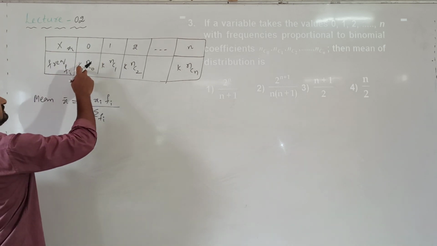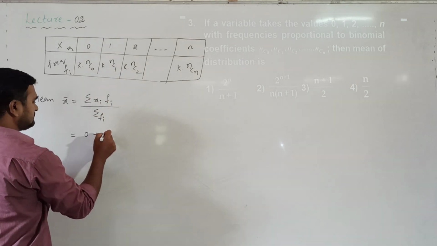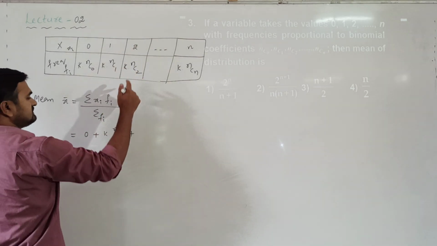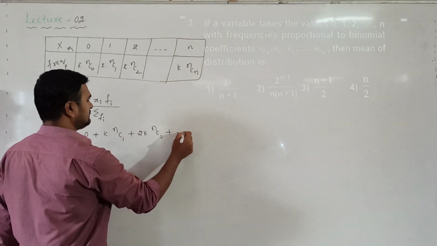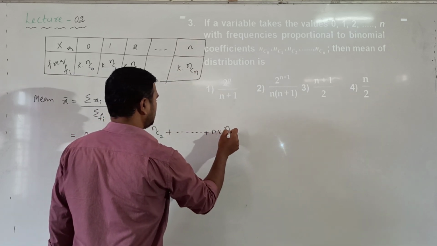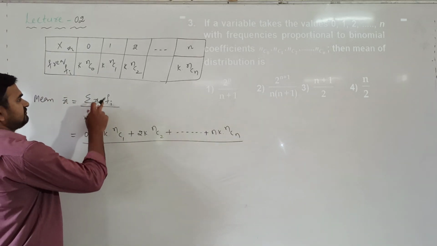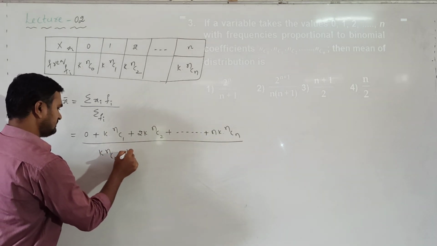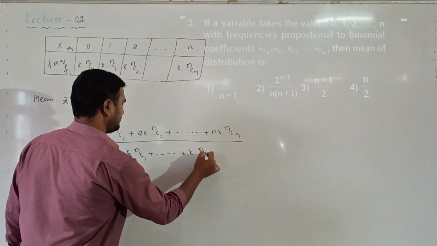So multiply and add: 0 into k nC0, 1 into k into nC1, 2 into k into nC2 and so on, n into k into nCn. Total divided by sigma fi, the sum of frequencies, which is k into nC0, k into nC1 up to k into nCn.